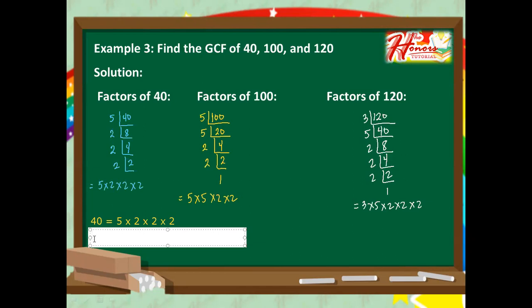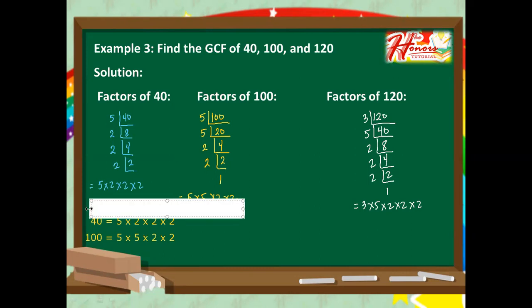And for 100, we have here 5 times 5 times 2 times 2. And then for 120, let me write it here above because you might not see it below. So we have here 120 is equal to 3 times 5 times 2 times 2 times 2.